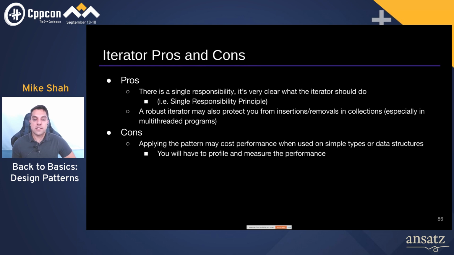Like everything else, there are pros and cons to these design patterns. A few pros that I've come up with for the iterator are, there's a single responsibility. It's very clear what the iterator should do. It should look through every element, one at a time, which is very nice. Some other things that you can wrap into iterators to make them more robust is you can protect yourself from other things like insertions and removals, right?